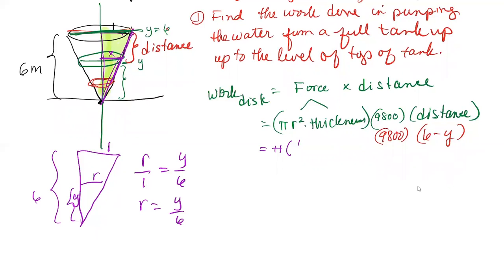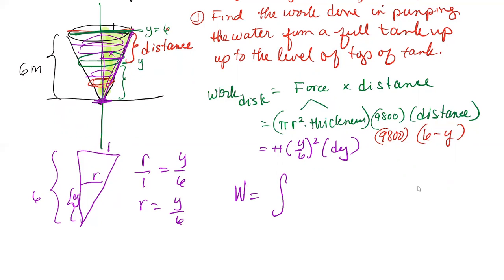So this would be pi times the radius squared times the thickness. Now that's the work required to lift one little disc. We want to add up the works for all the little discs all the way up the tank. So when we go to find total work, we're adding up from the bottom disc of water to the top disc of water.